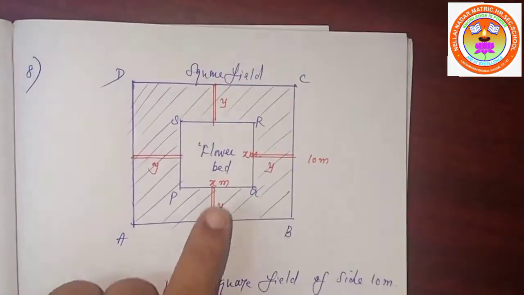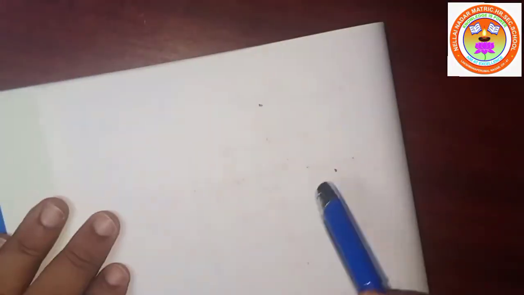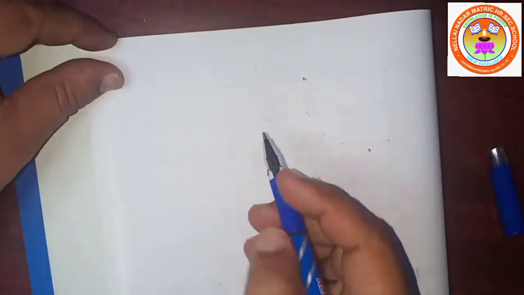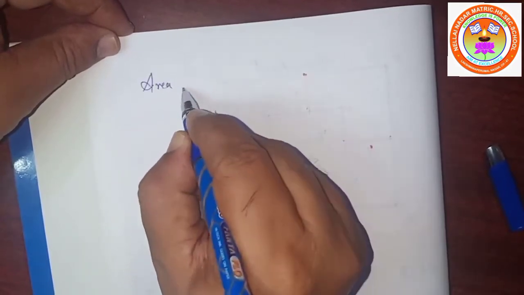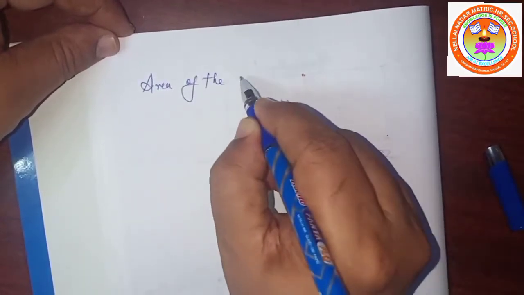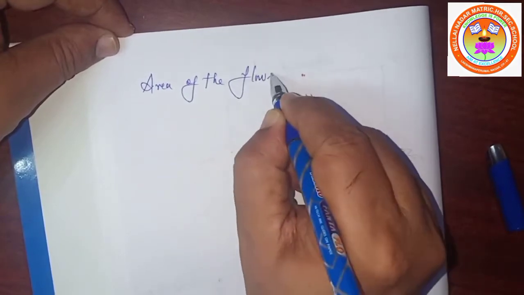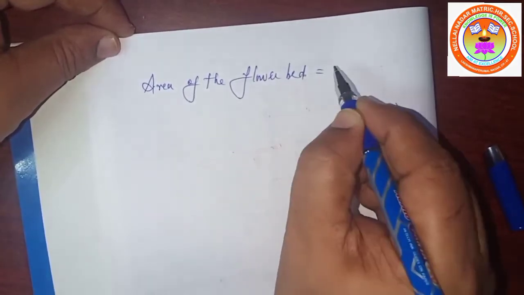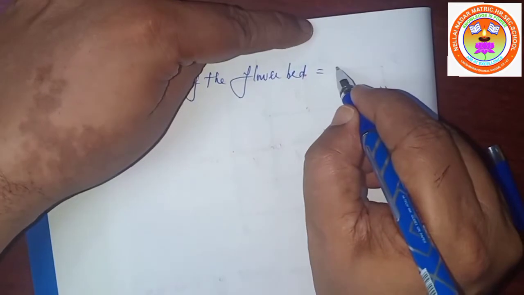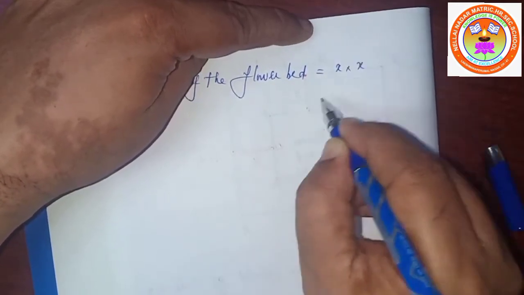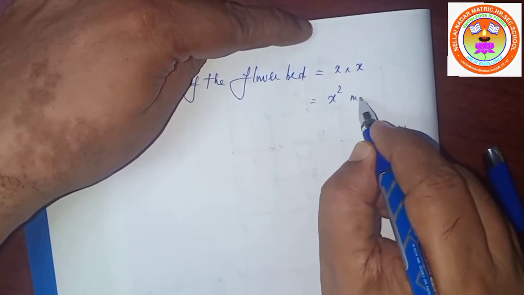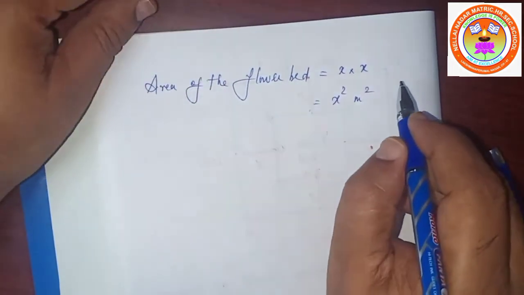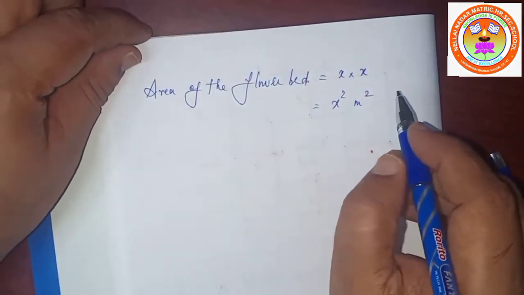I do it now. First, we can find the area of the flower bed. Area of the flower bed equals x into x, side into side, that is equal to x squared meter square. X meter into x meter, x squared meter square.